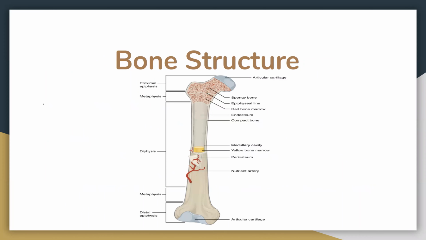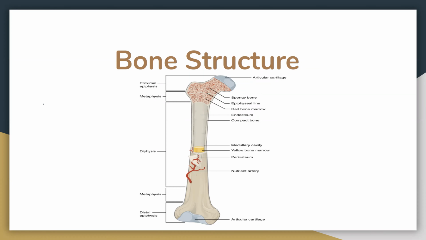So this graph shows a very good depiction of the bone structure. Starting at the top right, you have the articular cartilage, which is very important to have in between, close to those joints. Then you have a spongy bone and the epiphyseal seal. And you see those little red dots kind of comprise the red bone marrow.